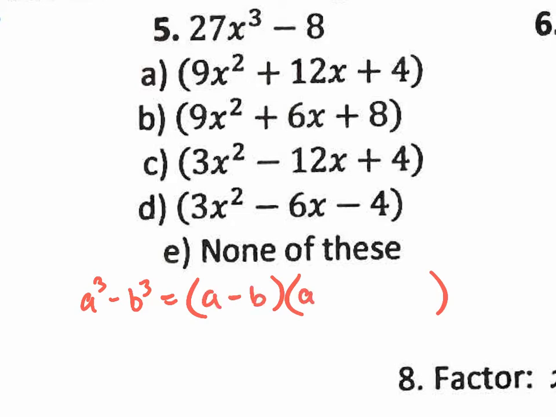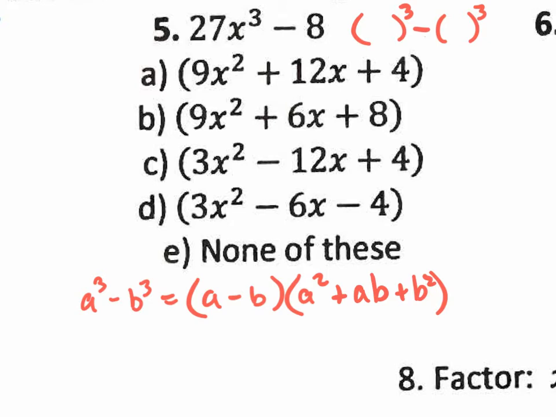The trinomial is a squared. If your beginning binomial was minus, then the middle term will be plus ab, multiplied together, and then plus b squared. Wait, I put plus, it should have been a minus, I'm sorry. Same difference, it's just the sign changes.